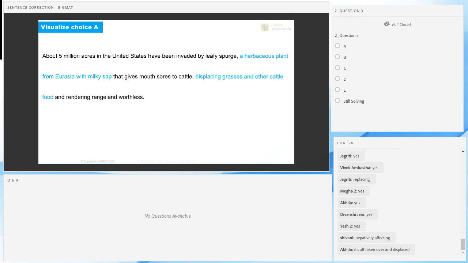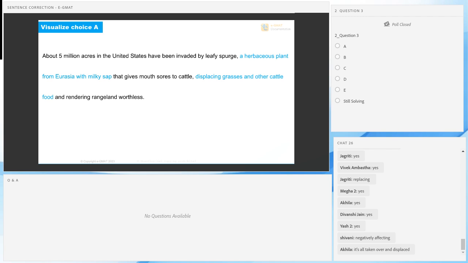So this is essentially the impact, giving that similar meaning. So this leafy spurge has basically displaced the grasses. It's not that it is happily coexisting, it has attacked, right? That attack word is continuing on over here. It had attacked, and actually it's not that they are happily coexisting.